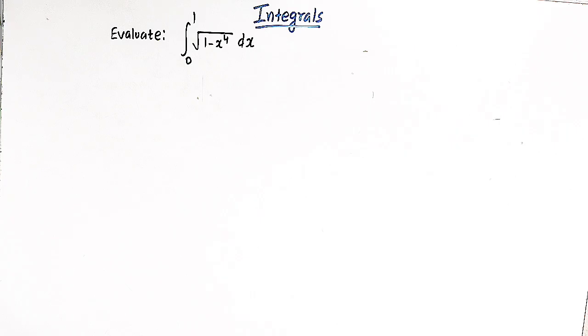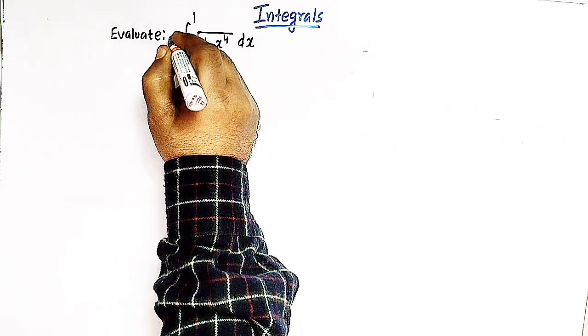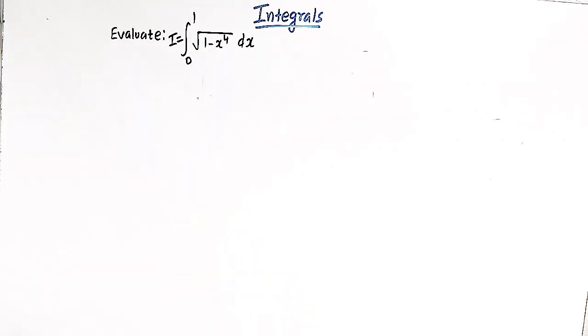So let us see how easily we can solve this integral using some important results from beta and gamma functions, right? So let us start and let us first call this integral as I, right?